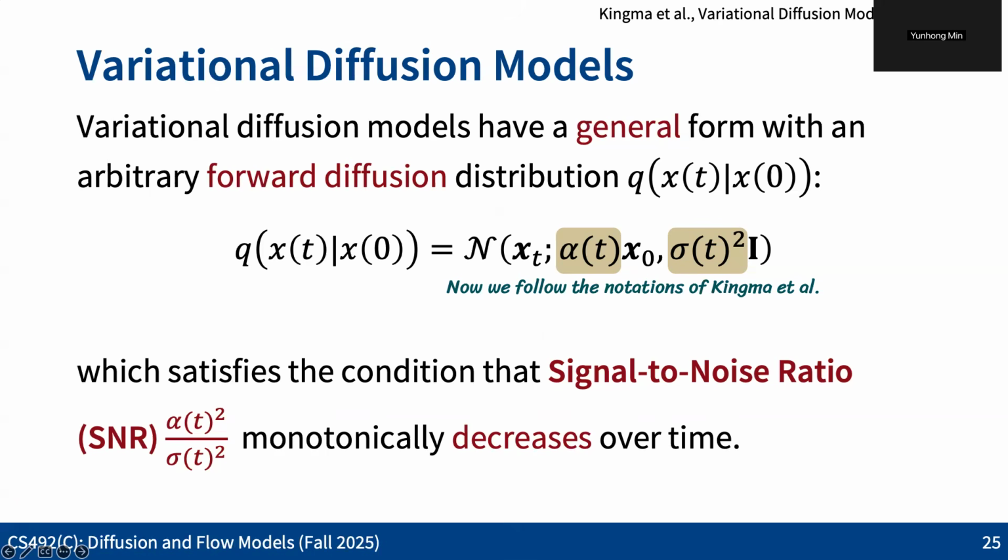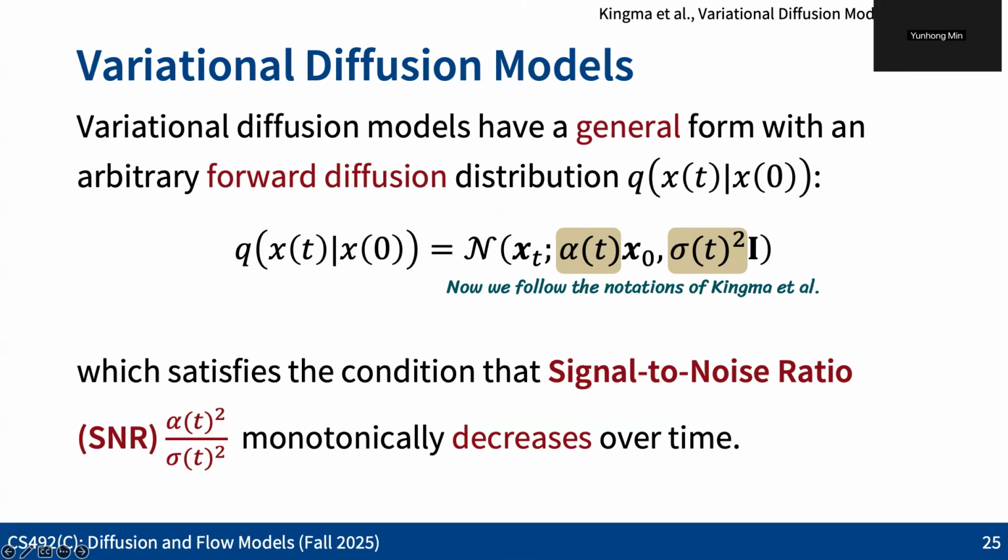That way, in the reverse process, we can sample from the standard Gaussian distribution and denoise over time to get back to the data point. Which means that as we increase the time in the forward process, we need to inject more noise, right? That makes sense, right?